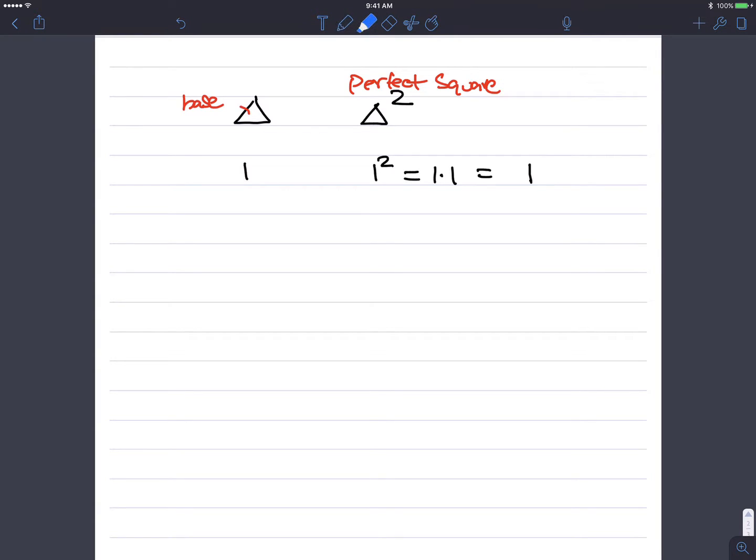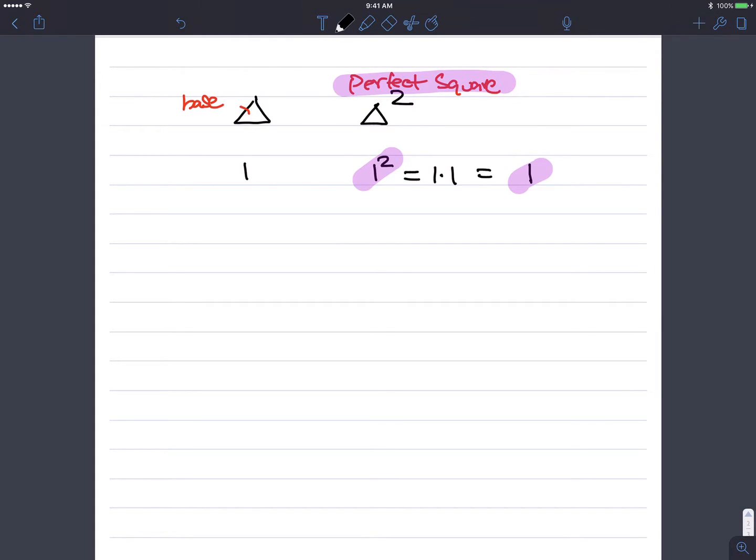You want to know what we call this particular number over here? This 1? This 1 is a perfect square. Okay? Because 1 squared is the value 1. So everything on the right is known as a perfect square. Everything on the left is not.